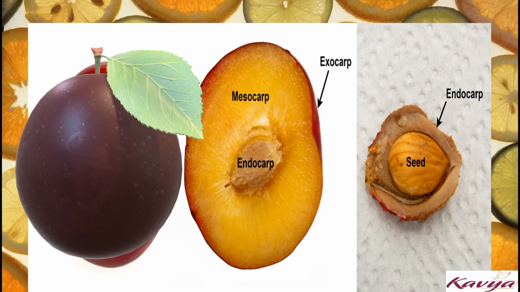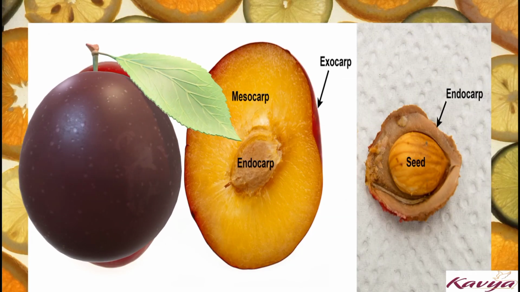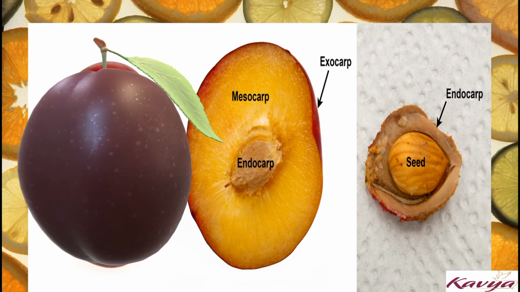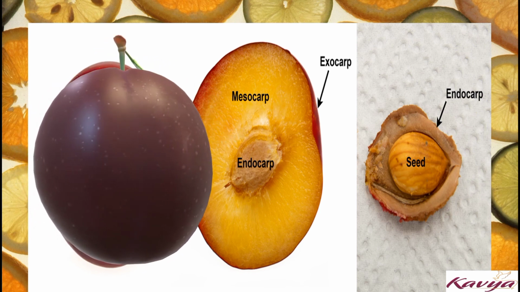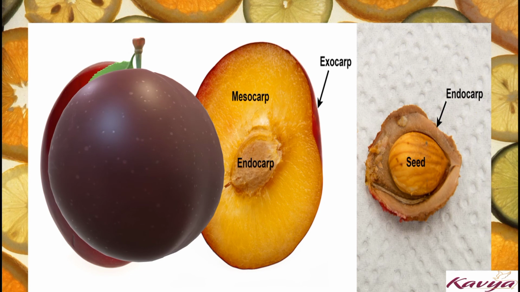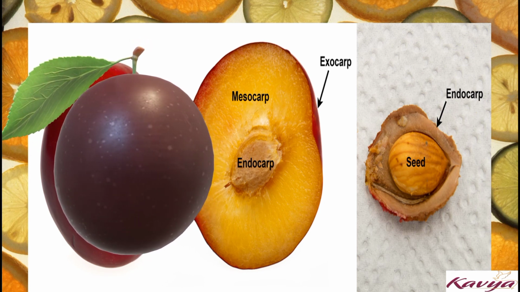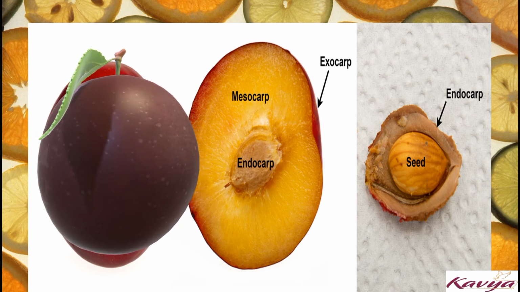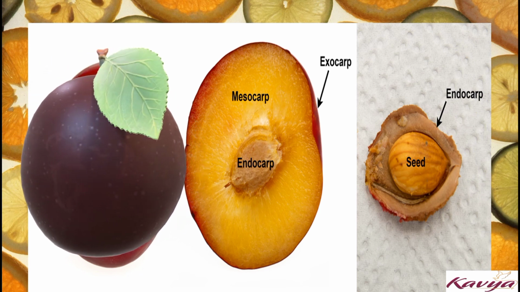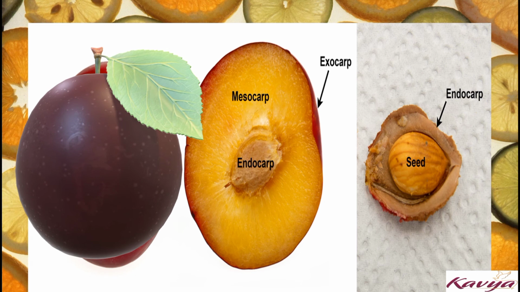If we eat any fruit, we can see three distinct parts of the fruit wall that protects the seed. The outer skin, which we peel in many fruits, is called the exocarp. The next layer, which we eat in most fruits, is the mesocarp, and the innermost layer over the seed is the endocarp.